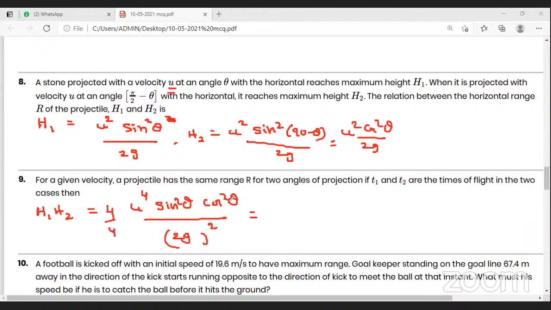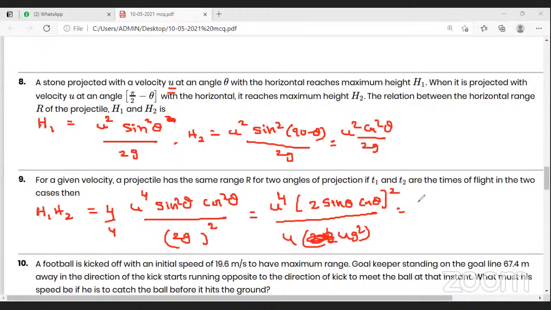Then you can write this as u power 4 into 4 sine square theta cos square theta, which is 2 sine theta cos theta whole square only, no? By 4 into 4g square. Then this will be u power 4 into 2 sine theta cos theta, which can be written as sine 2 theta, no? Sine 2 theta whole square by 16g square.